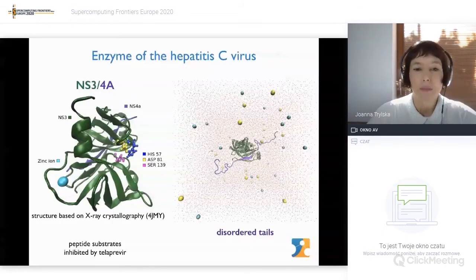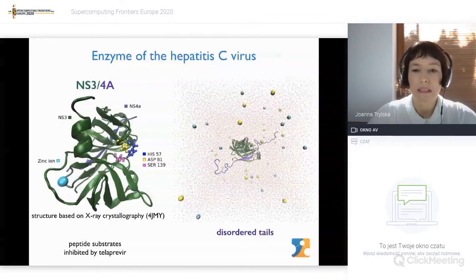Now, we have been studying this enzyme, and one of the interesting things is that it has a cofactor, which is shown here in violet on the crystal structure, and which is quite long, extended, and necessary for the enzyme function. However, in X-ray crystallography, it wasn't resolved because it's quite flexible.